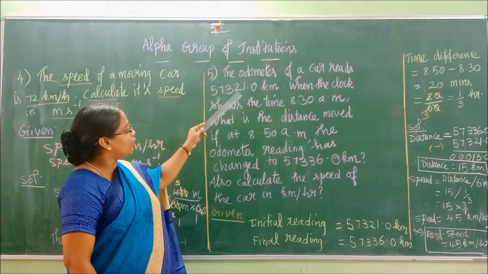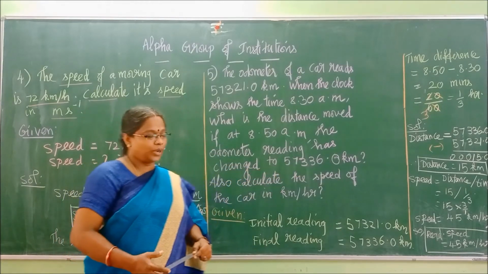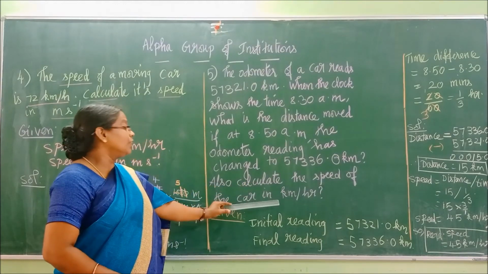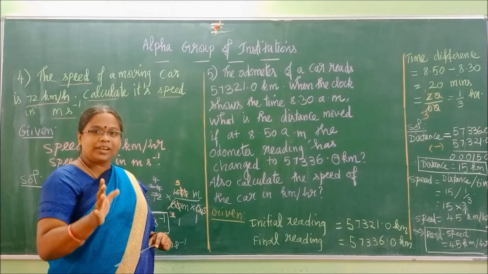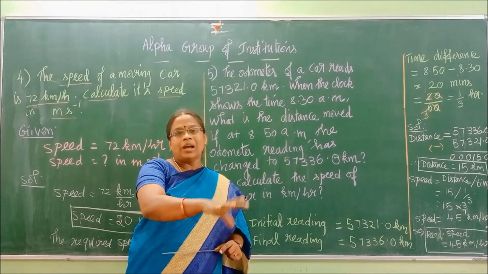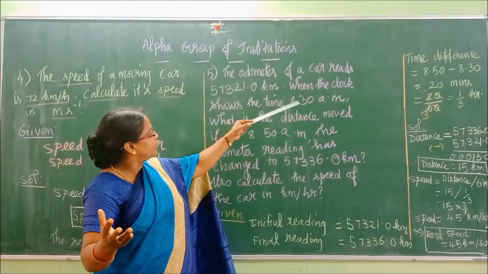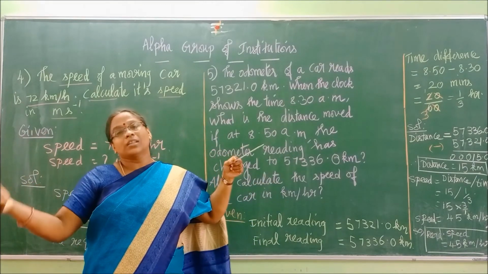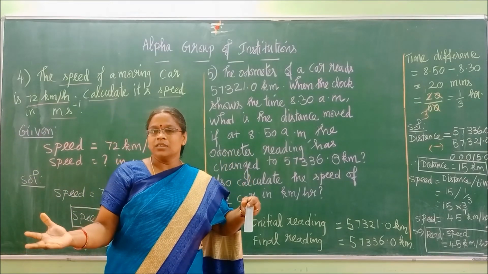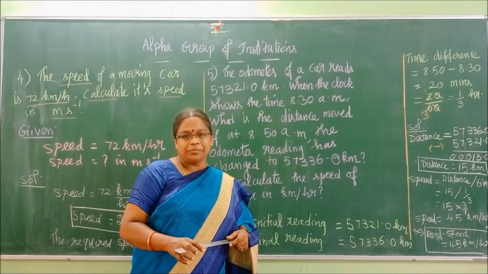At 8:50, the reading of the odometer is 57336.0 kilometer. Now they are asking, calculate the speed in kilometer per hour. So can you understand? The starting odometer reading has one value. At the end of the travel, that is in 20 minutes, 8:30 to 8:50, it has another value. So within this, we can calculate the distance. And time is also there, so easily we can find the speed.